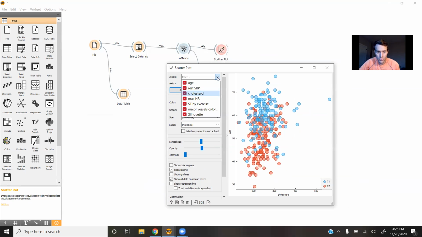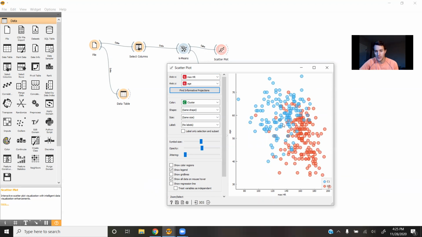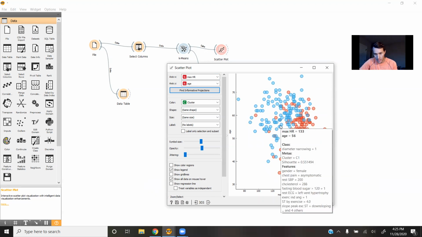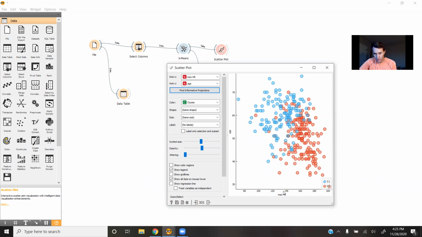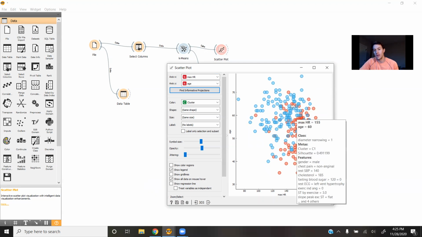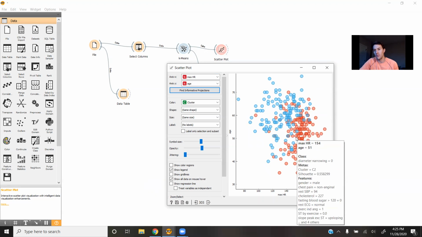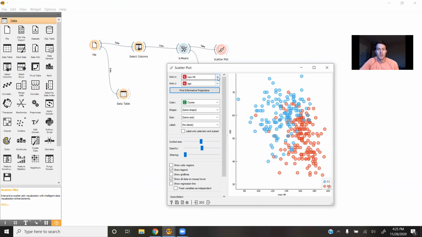So what I wanted to do was look at max heart rate versus age. To be expected, the younger people were able to generate a higher max heart rate. I thought that was pretty obvious. I think most of us would understand that.